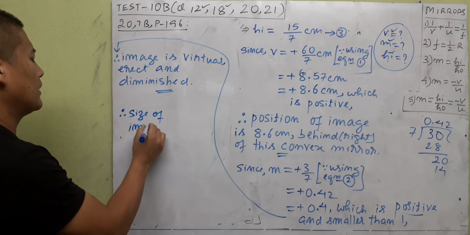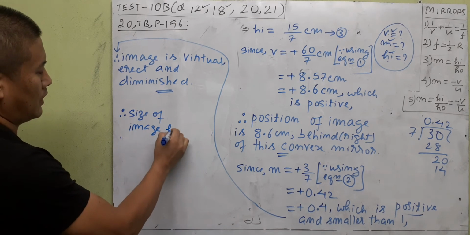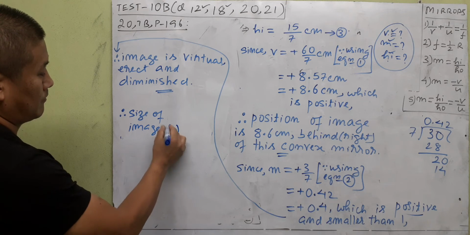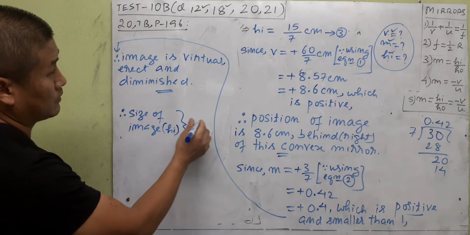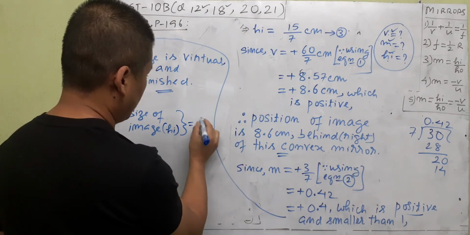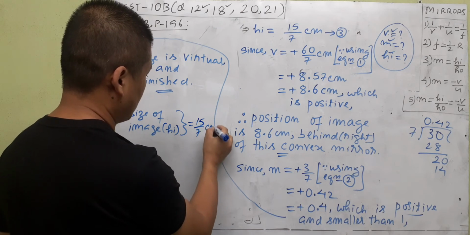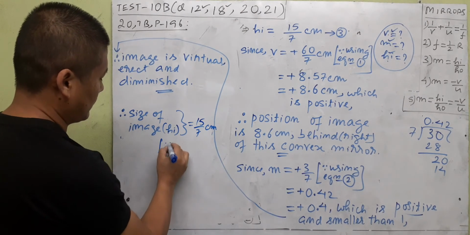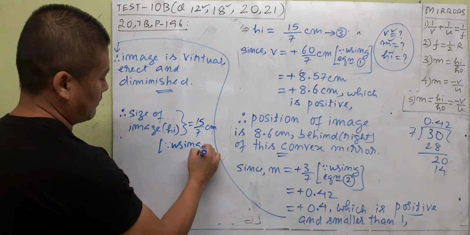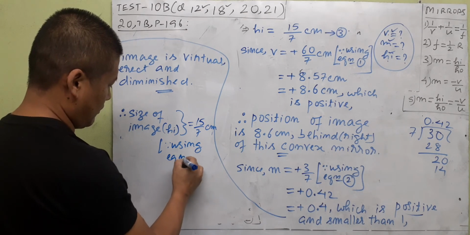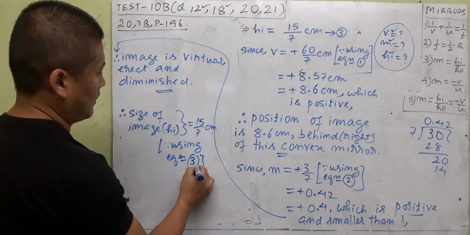This you can just write directly. Hi is nothing but equal to, as you can see here, 15 by 7 centimeter, using equation number 3.